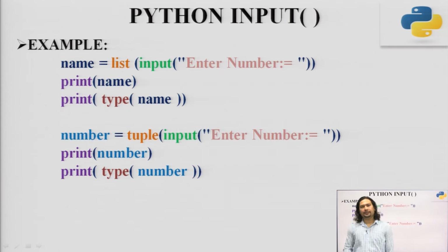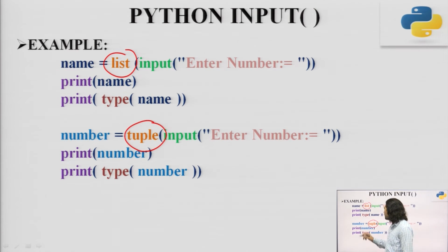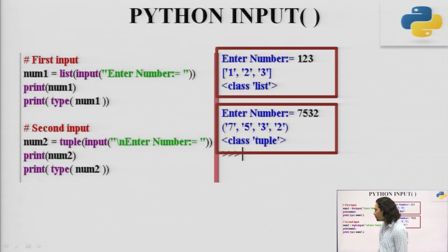Now, the next one is, let us say we want to put the data into the list data type or tuple data type. Again we take the help of constructors, which are referred to as the list constructor for the list and the tuple constructor for the tuple. Now, look at the output of the program. It is a little bit surprising: we input the number 123, but it has separated all the digits and put them inside square brackets, which refers to a list, by the list constructor.